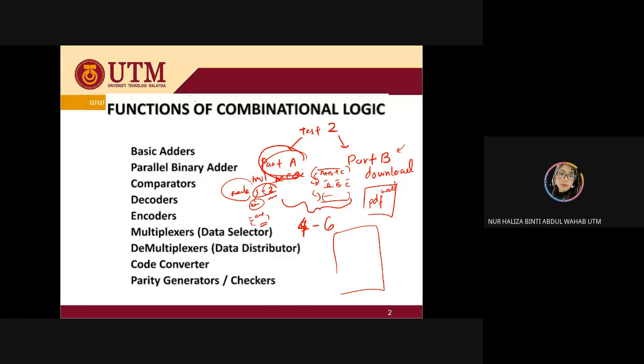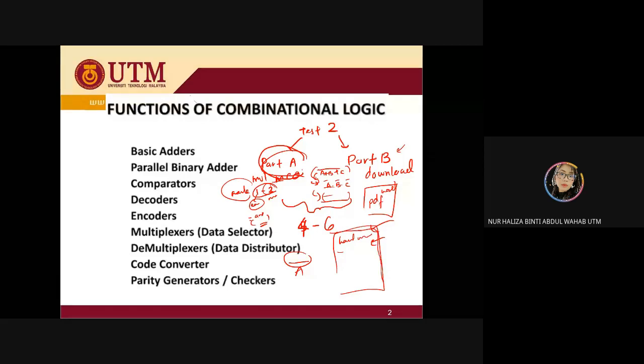You can write using your handwriting. You can type on a computer, but of course it's going to be hard, especially when you are playing around with the bar notations, right? So it's better to go for handwriting.